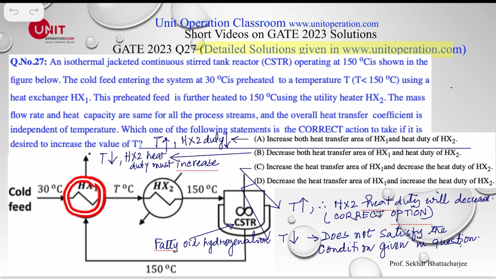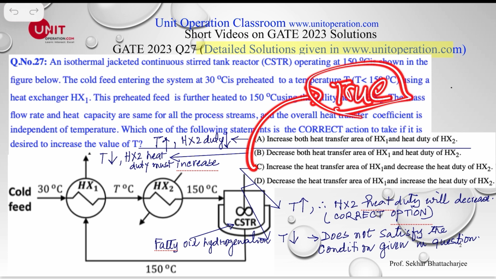Again, if we increase the heat transfer area of HX1, the temperature will increase, which is in line with the question. And then, of course, we have to decrease the heat duty. We can decrease the heat duty here, since this temperature is increased, we have to put in less heat here. So the heat duty of this one decreases to maintain the same constant temperature of 150 degrees Celsius. So this is, of course, a true option.